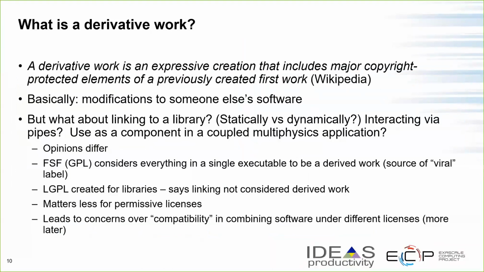But there may still be considerations there. And one of the other things this leads to is concerns over compatibility. So if you combine software under different licenses and create a derived work with it, what software license applies? And is it possible in a legal sense to combine different pieces of software under different licenses? We'll talk a little bit more about that as we go along.